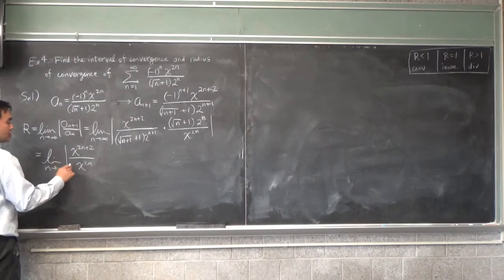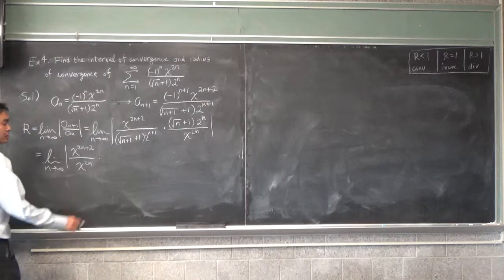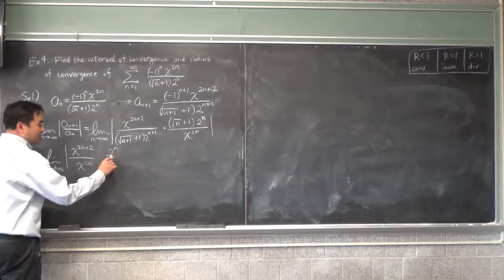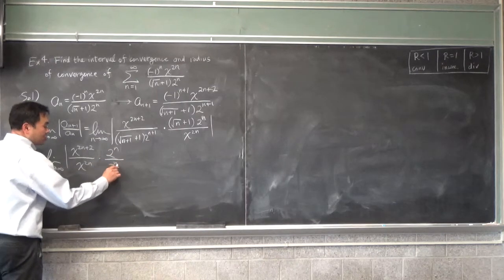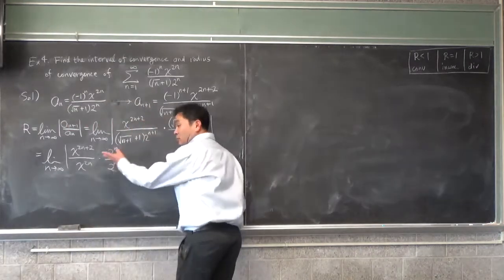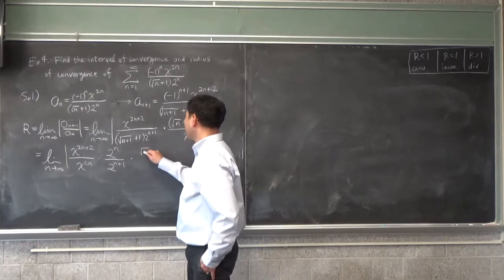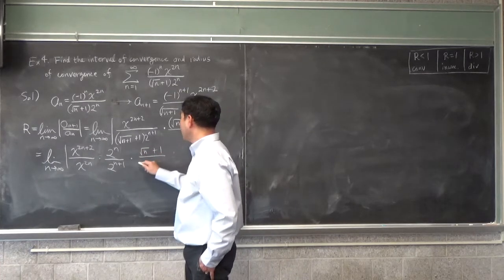Then this times, I think I want to pair 2 to the n divided by 2 to the n plus 1. As before, having the same base is easier to simplify, and then you have radical n plus 1 over radical n plus 1 plus 1.